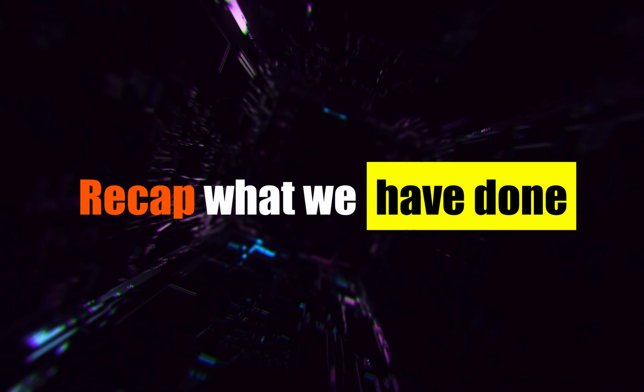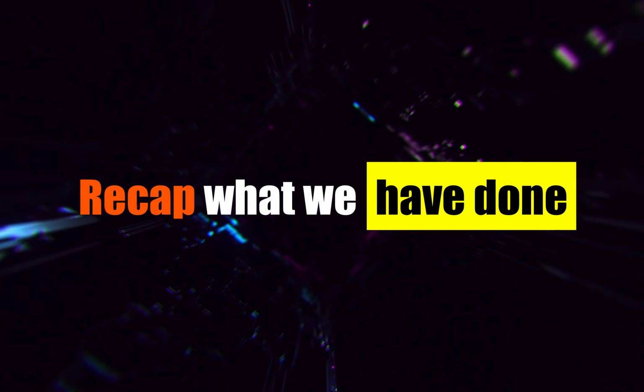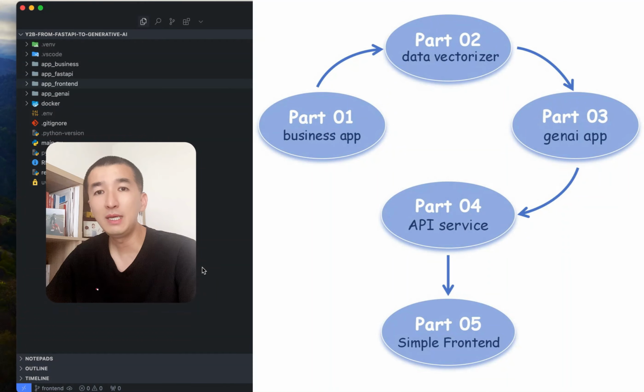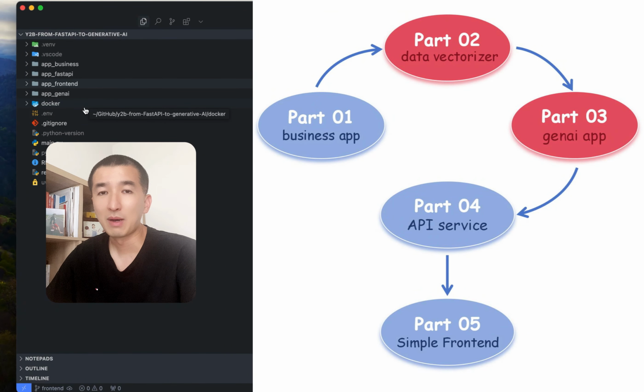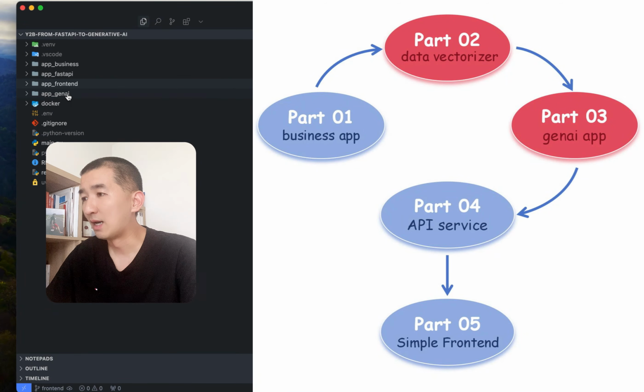So now let's quickly recap what we have done. We really modularized everything. So we built a business app just to mimic that you have a business application in real life, and this is part 1. And for part 2 and part 3, we built our generative AI app, which does nothing but synchronize data from the business database to a vector database.